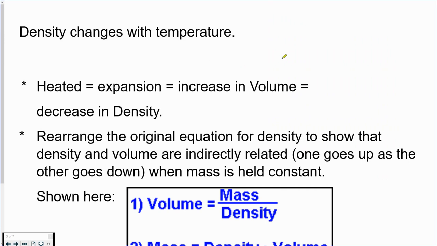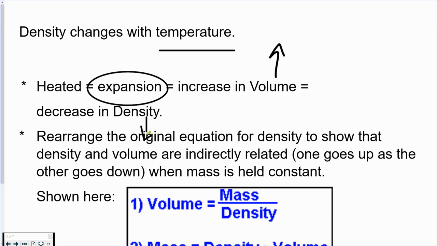So our next thing that we want to talk about is how temperature actually changes density. So as heat increases, you have an expansion of volume. So by increasing volume, density is then going to decrease. Okay.